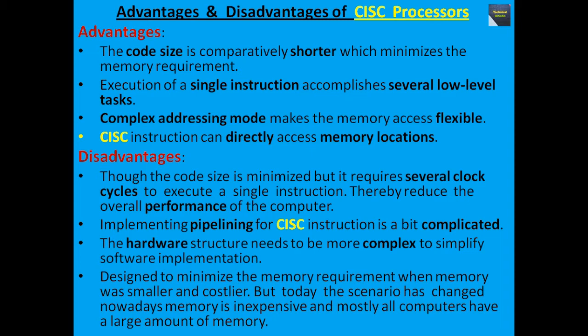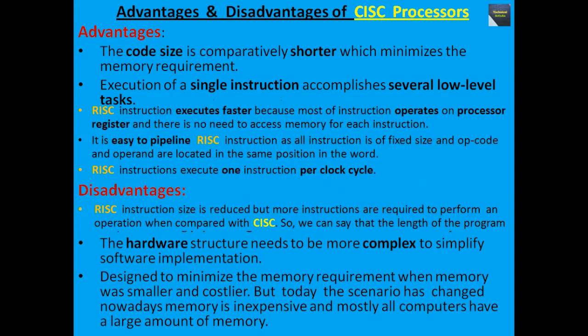It was designed to minimize the memory requirement when memory was smaller and costlier. But today the scenario has changed. Nowadays memory is inexpensive and almost all computers have a large amount of memory.